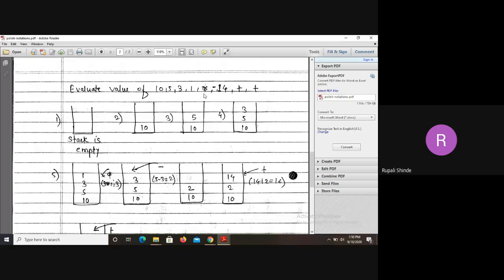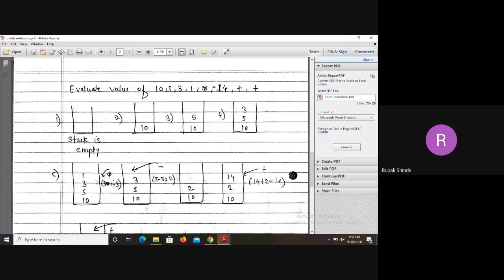But what happens when there is an operator? Once any operator is encountered, we have to take the two topmost operands from the stack, and apply that operator on those two operands. So here the topmost operand is 1, the next topmost operand is 3. So this multiplication should be applied to these two numbers in this sequence: second last number first, then last number.